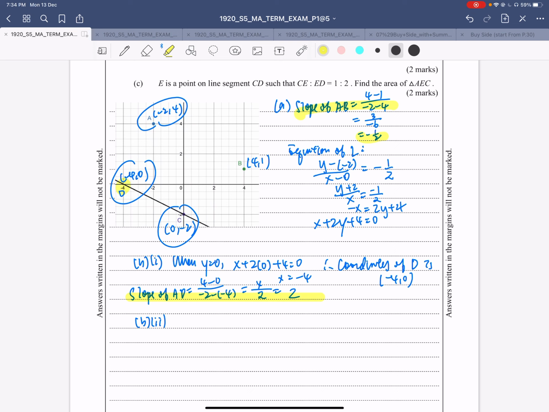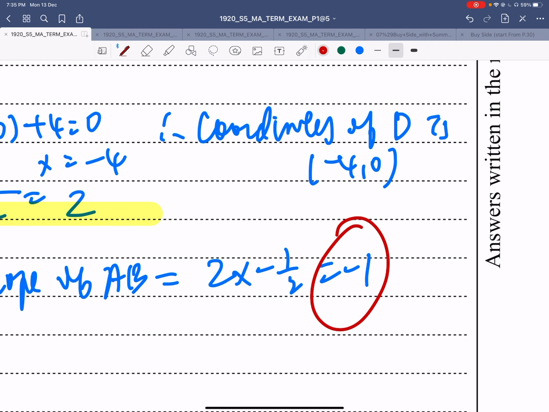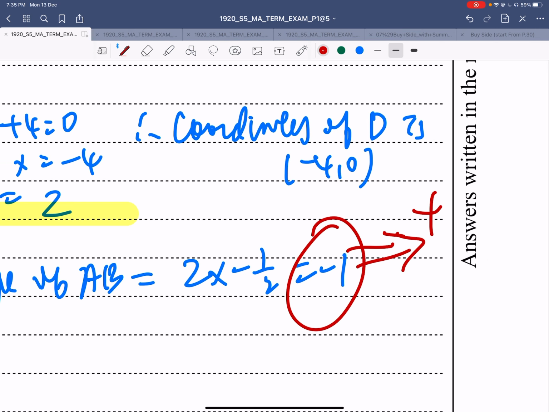What can you find out? You can basically find out that slope of AD times slope of AB equals 2 times -1 over 2, which is -1. -1 is a magic number. It implies that they are perpendicular to each other.